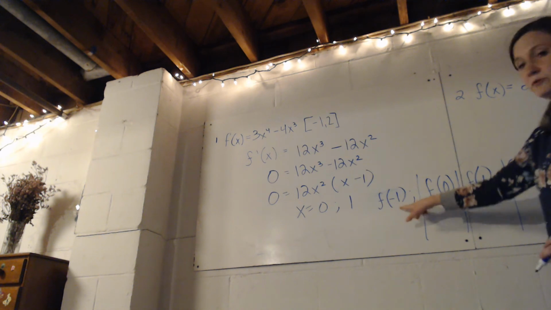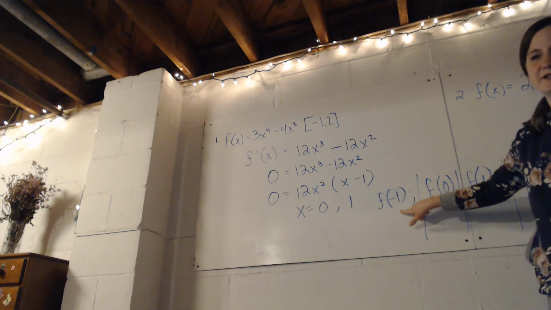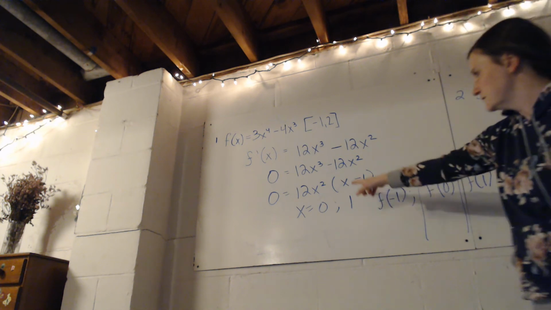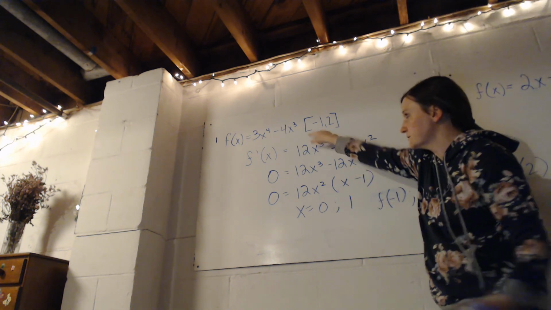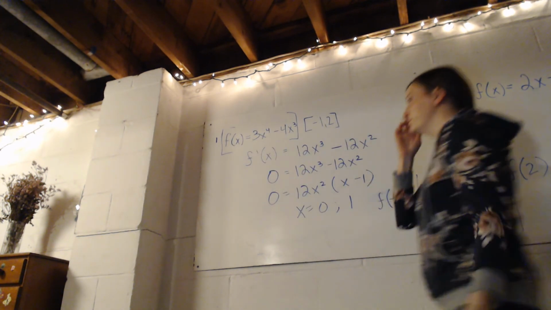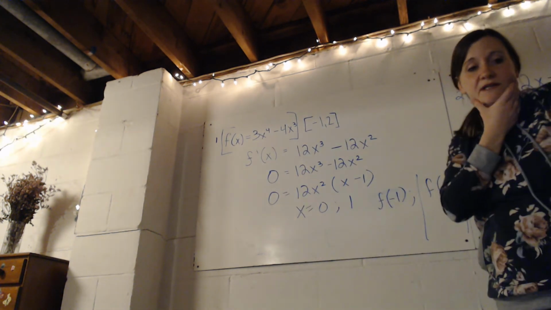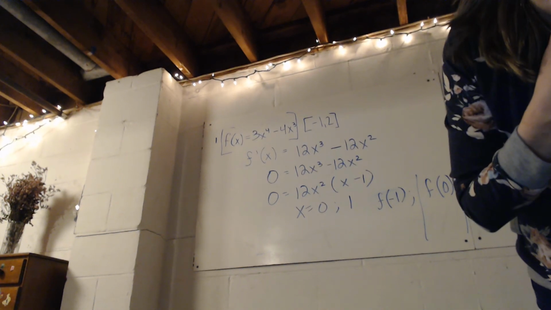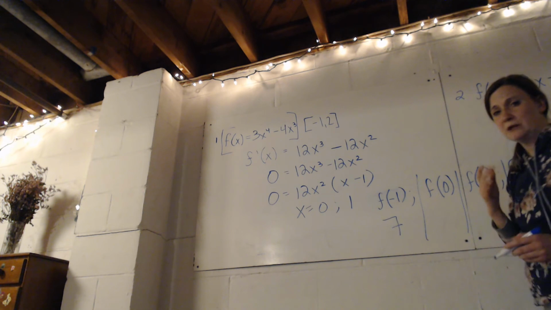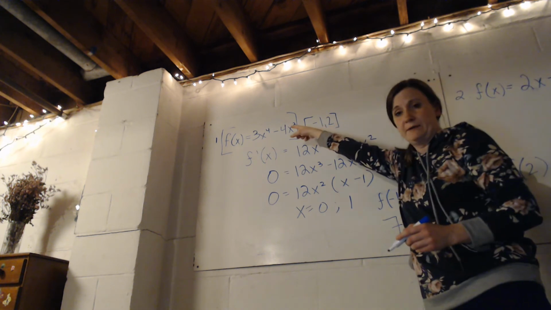So first I put a -1 in. Now I'm going to kind of cheat and look at the book just to do this quickly. So I go to the original function, so up here, and I'm going to put the value -1 in. And so when I do that, the function gives me a value of 7. Okay, so this is just plug and chug. I just put a -1 in up here.